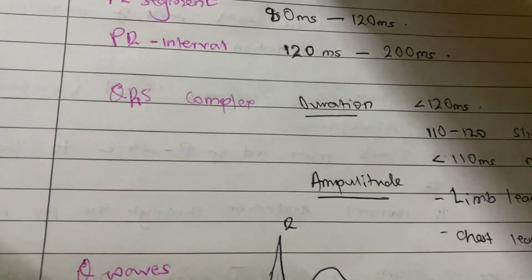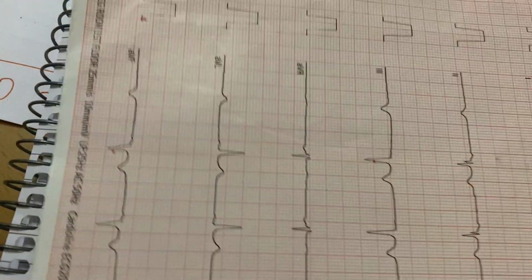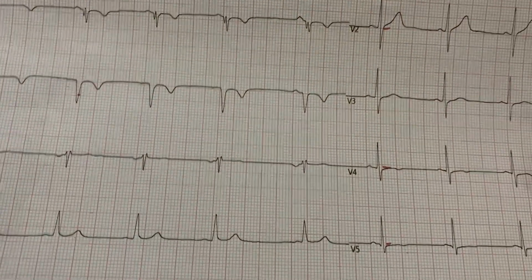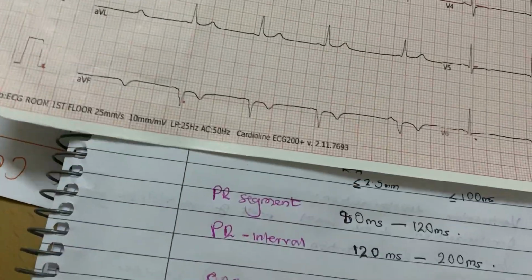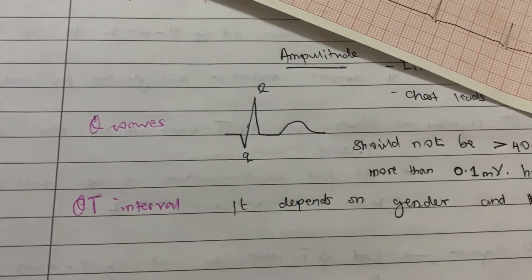So when you get an ECG, I have one here, like this ECG here, we try to find the QT interval. You shouldn't just take it like that; otherwise, it must be corrected for heart rate.